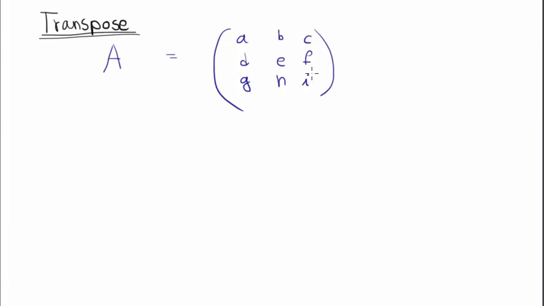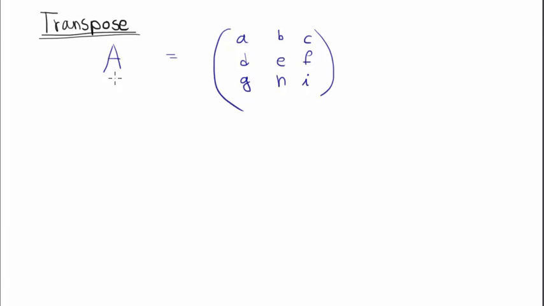Before I tell you what a transpose is, let's say I have some matrix A, and it has elements a, b, c, d, e, f, g, h, and i. So these are elements of a matrix. The dimensions of this are 3 by 3.